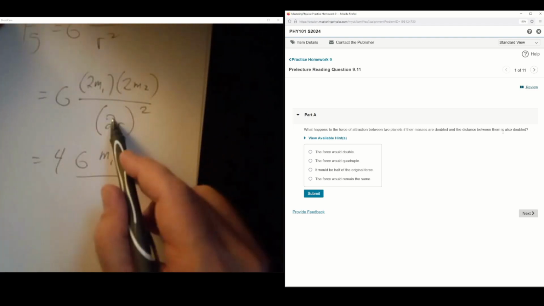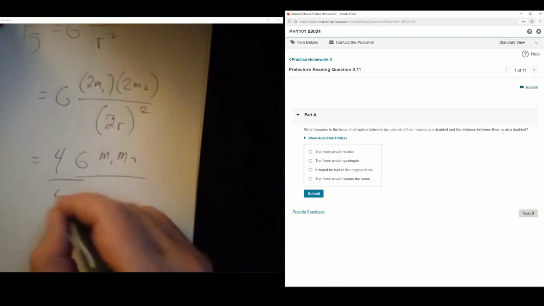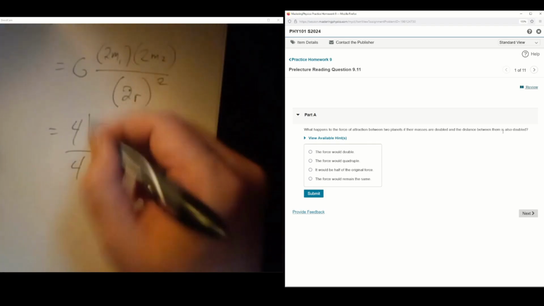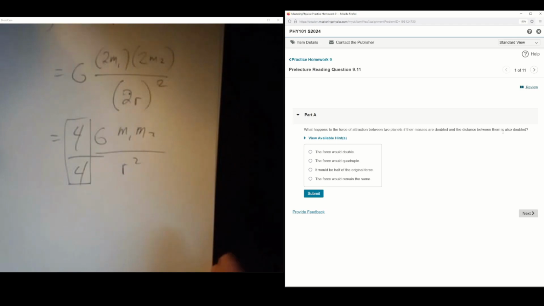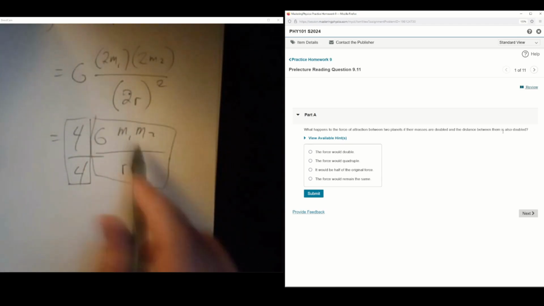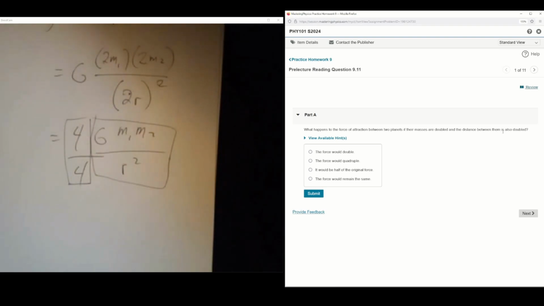And 2 squared is also 4, and then r squared is r squared. So we can see these 4s will actually cancel, and then we're back to the original force of gravity, Gmm over r squared. So under these conditions they've given us, the force would remain the same.